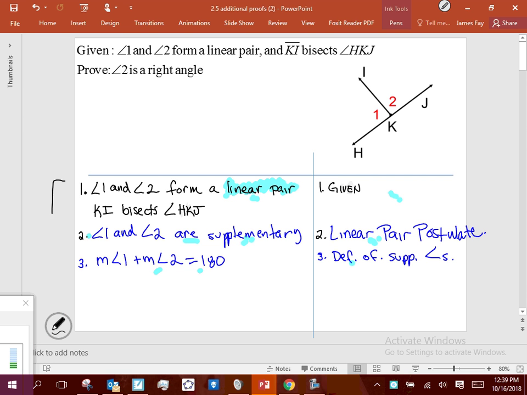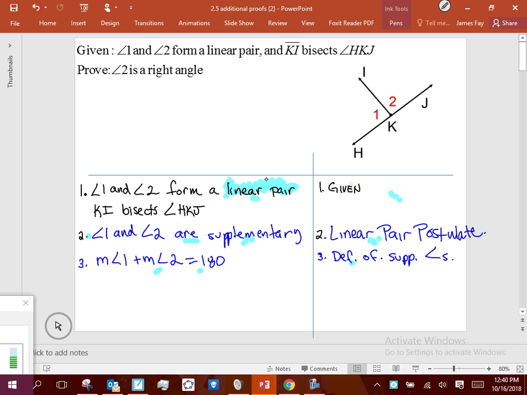So these three statements, now it might not be angles 1 and 2 later on, it might be angles 4 and 5, or whatever, or they might give names for them. But if you say that they're a linear pair, you instantly say that those two angles are supplementary, and you can instantly say then that when we add them together, we get 180. Is that right? So that cluster of three statements always goes together.